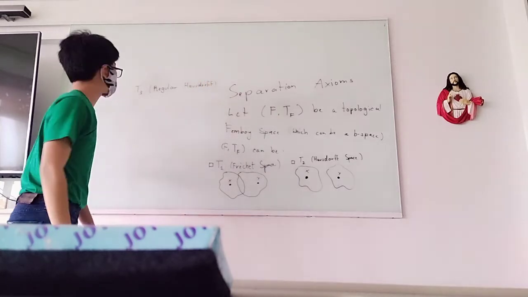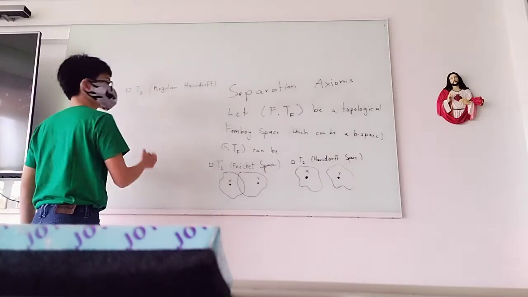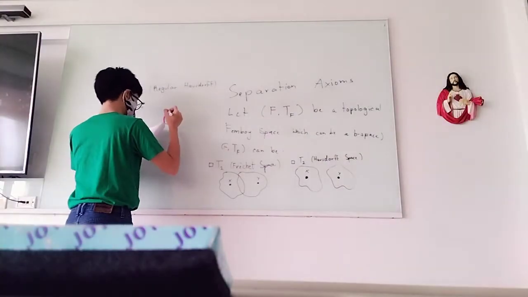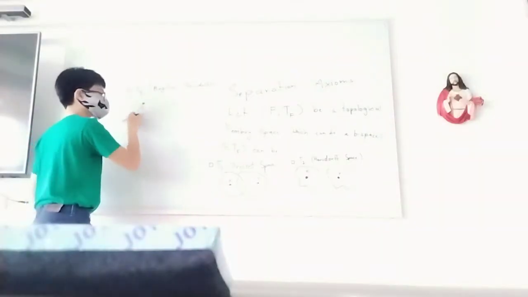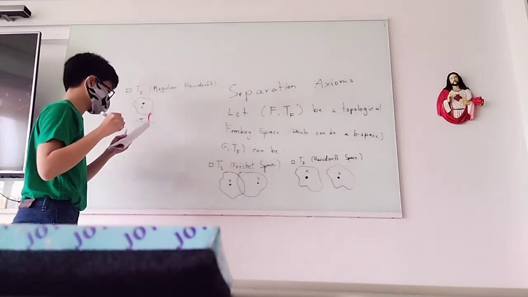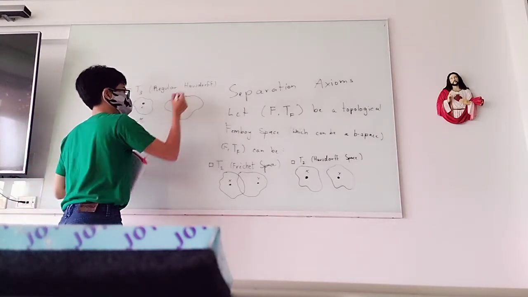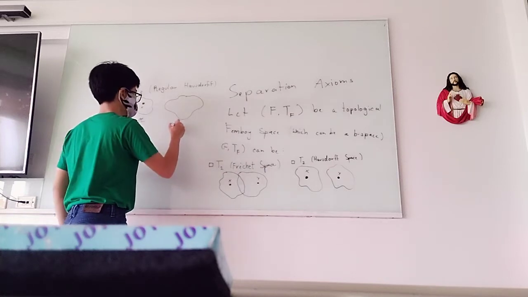Regular Hausdorff. So we have x again, with its neighborhood, say mu1. And then we have another neighborhood over here of some unspecified point, mu2.